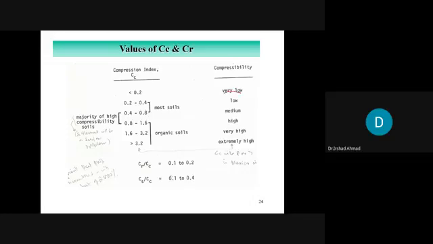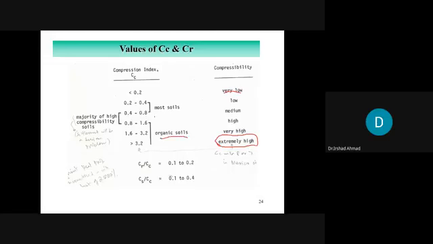But if Cc is greater than 3.2, that is extremely high compressibility. I suspect you cannot build any foundation on such soils. That is very difficult. That is organic type of soil.